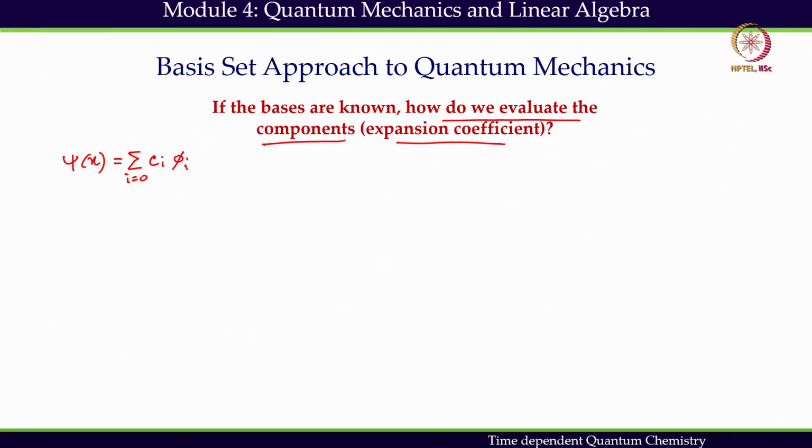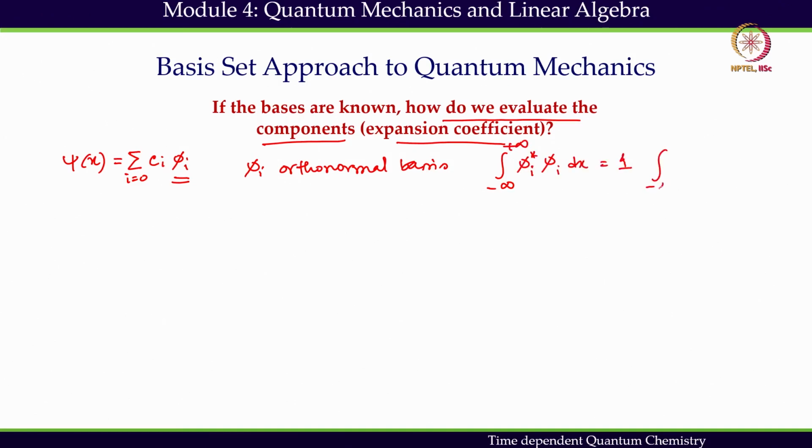And we have to remember that this basis phi I is an orthonormal basis. What does it mean? It means that if I do this integration phi I star phi I dx, this is going to be 1.